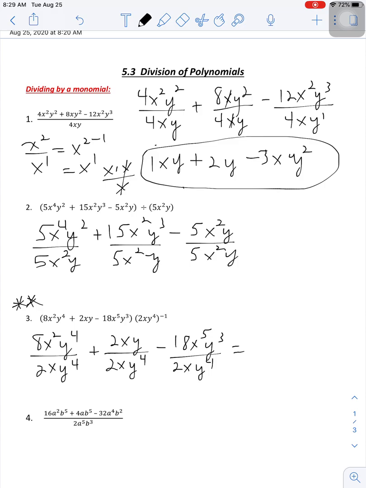So 8 divided by 2 is 4. X squared over x is going to leave you with an x, and then these y's would just cancel out. Here the 2's cancel out, the x's cancel out, and then in this situation we have y over y to the 4th.